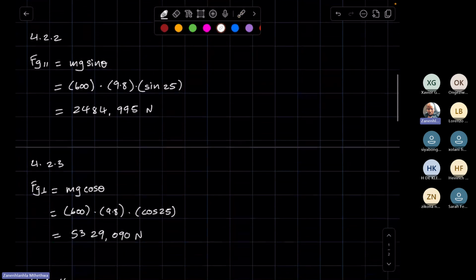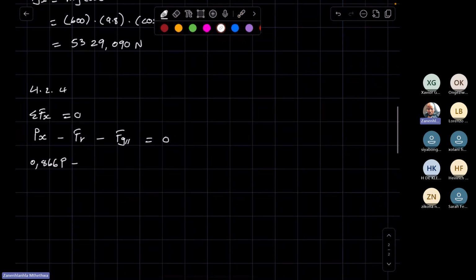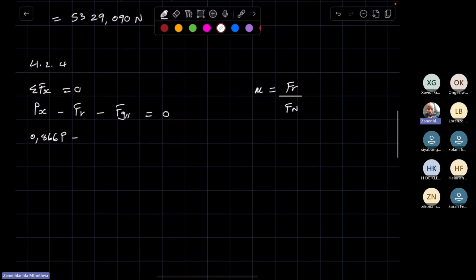The relationship between the two is that the coefficient of friction is equal to the frictional resistance divided by the normal force. This comes from the fact that the frictional resistance is directly proportional to the normal force.